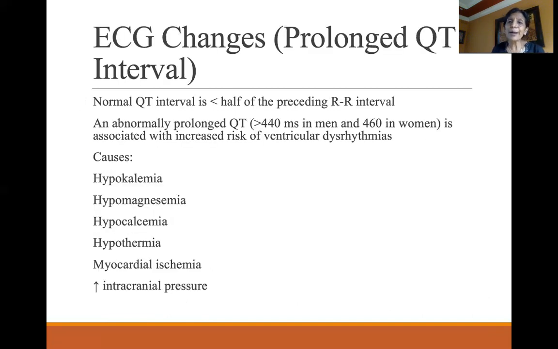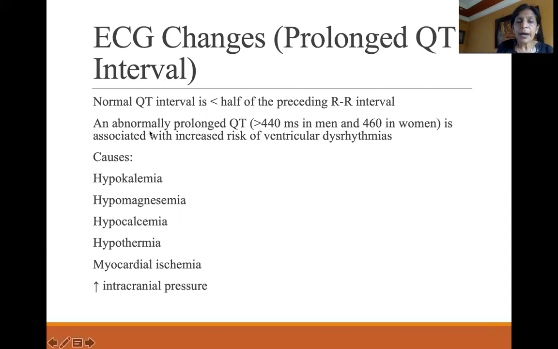Okay, so now prolonged QT interval is where normal QT interval is less than half of the R to R interval. That's one ECG pretty much. Okay, one ECG is what, about 800 milliseconds.